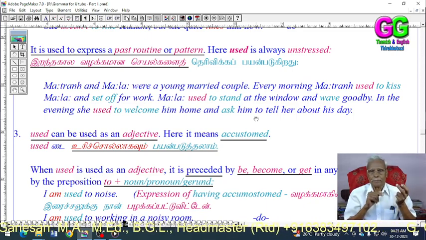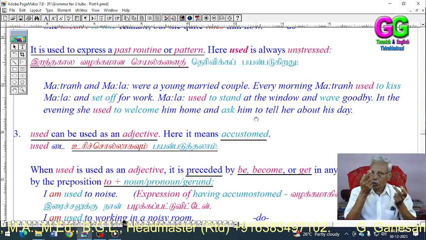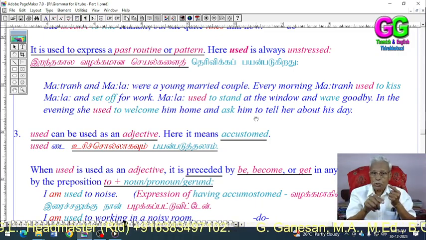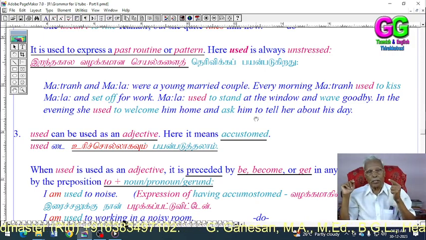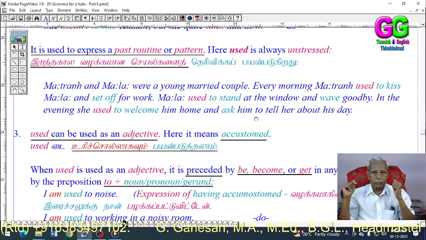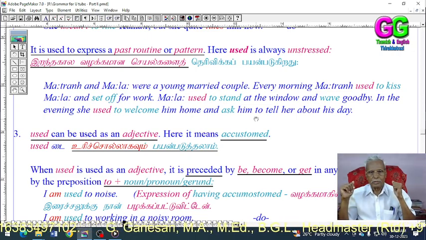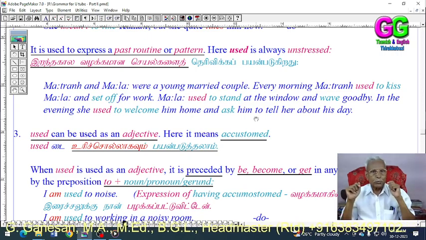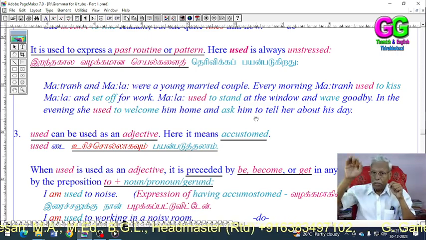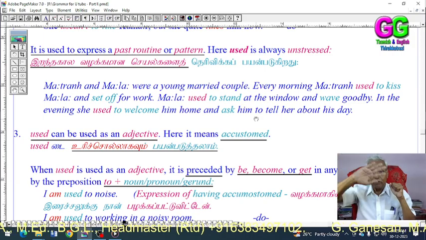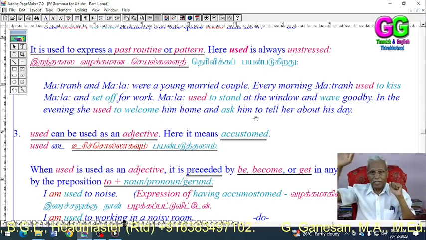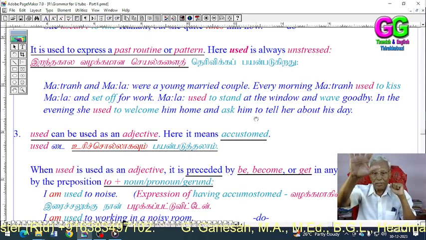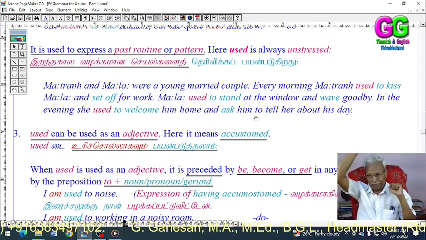Every day, before going to work, Moran used to kiss Mala and set off. Mala used to stand at the window and wave him goodbye.